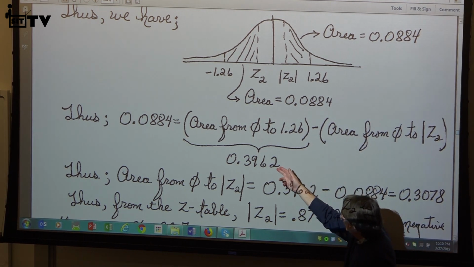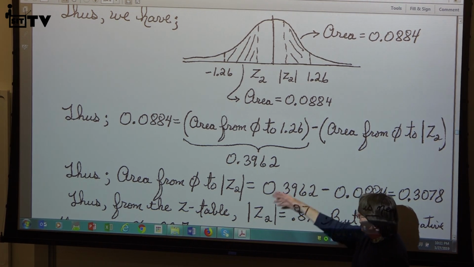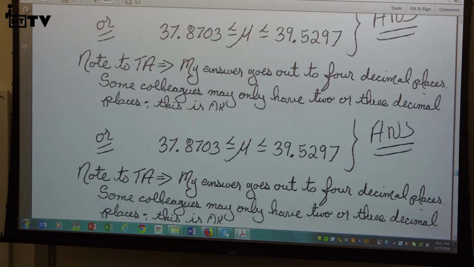So I know this area is 0.3962. So the area from 0 to the magnitude of z2 is 0.3078. So now, let me just do this with you. 0.3078. Now, I've got to be careful. Now, I'm using the z-table here.